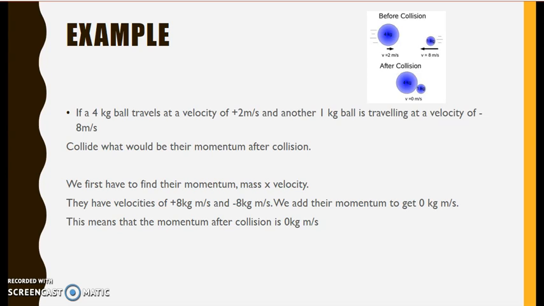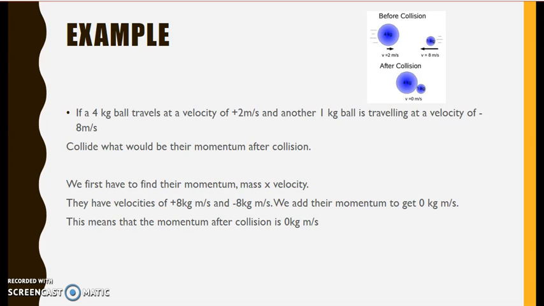So after the collision, the momentum will stay the same. So that means that the momentum will become 0 kg meters a second, and that means that their speed is 0, and that means that both of them stopped. So using this example, you can think of, again, like you throw a balloon at another balloon, and both of their momentums are equal, so you add them together, and then it'll become 0.